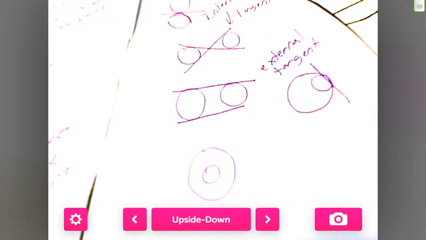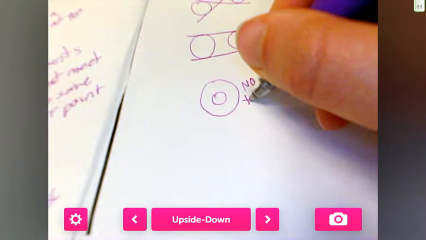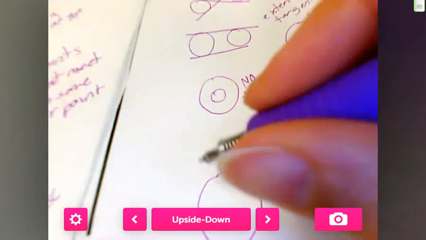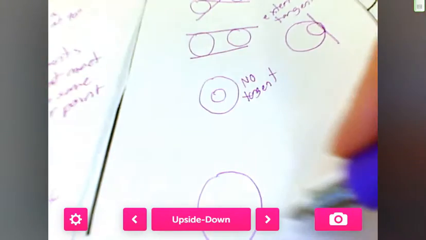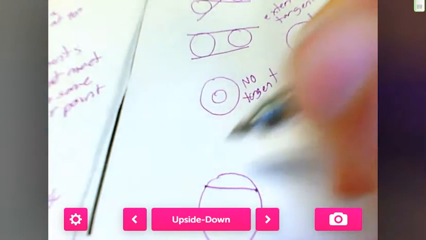Okay, and we're going to add one thing on this page that has nothing to do with tangents. It's called a secant. So a tangent touches the outside of a circle at one spot. A chord is inside a circle and hits two spots. A chord's end points would be on the circle.